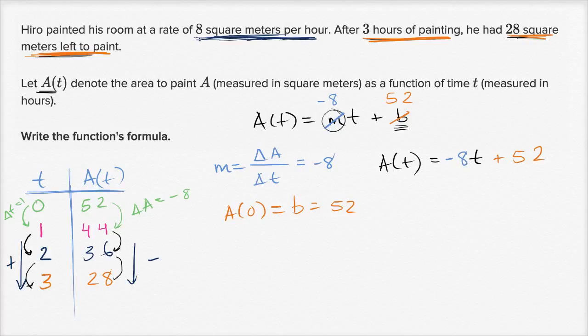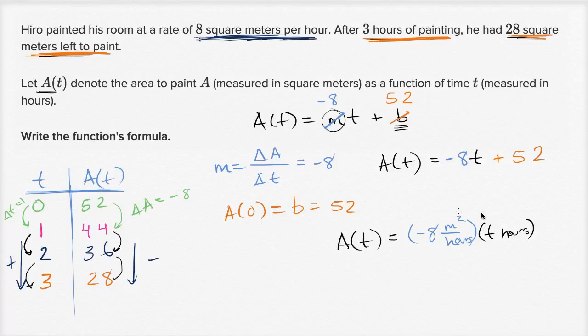And you can confirm that the units make sense. Let me write it one time with the units, because it is an important thing to think about. Area as a function of time, this is how much he has left to paint, is going to be equal to negative 8 square meters per hour times t hours, plus 52 square meters.